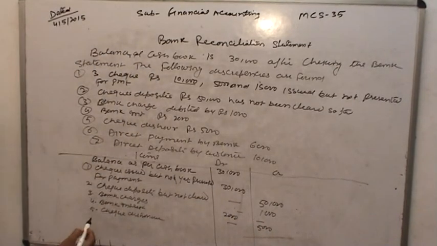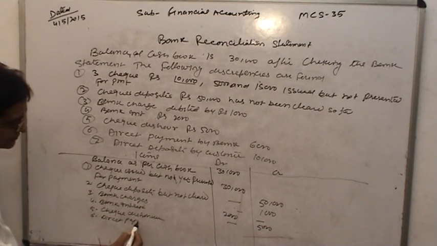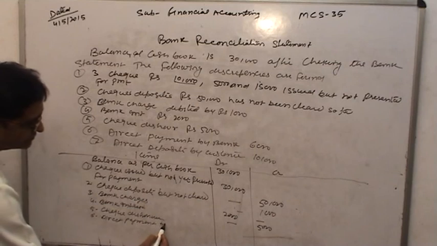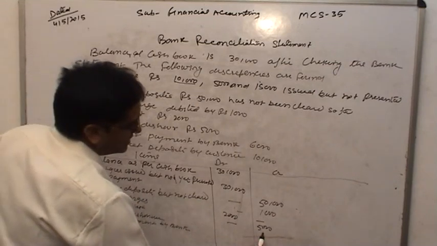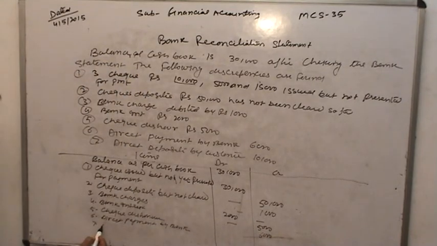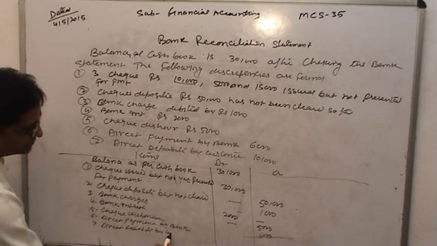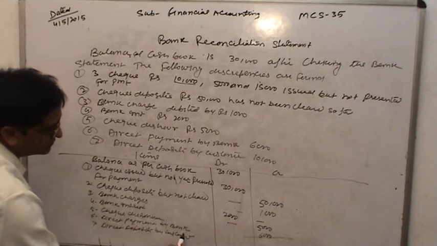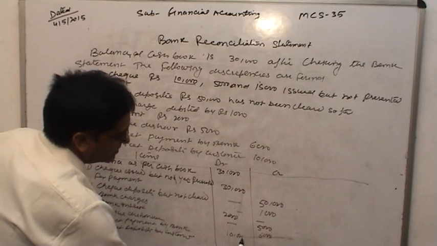Then direct payment by bank, 6,000 in credit. And direct deposit by customer, which is 10,000 in debit.